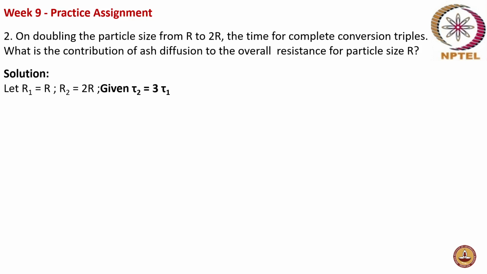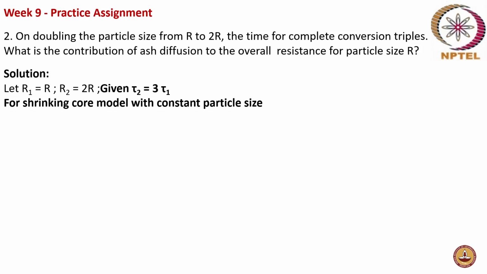And they have given a relationship between the complete conversion time for R1 and R2. As the radius doubles, the complete conversion time triples. That means tau 2 is equal to 3 times tau 1. Now they have asked what is the contribution of ash diffusion to the overall resistance for the particle size R.